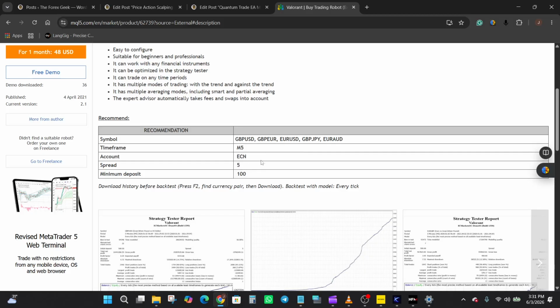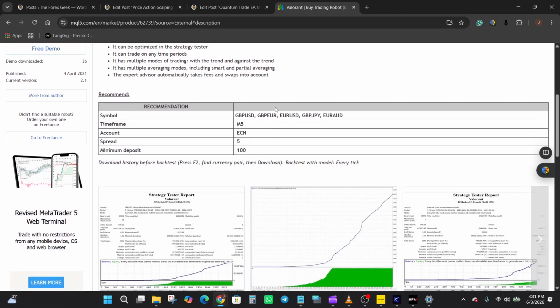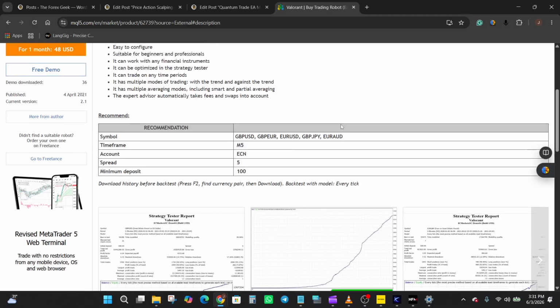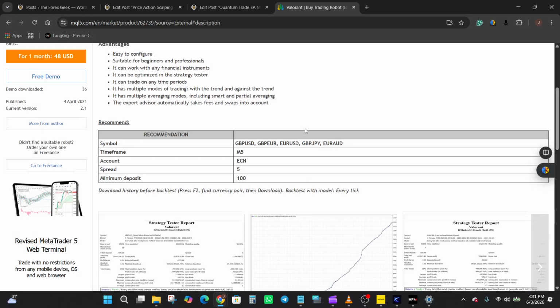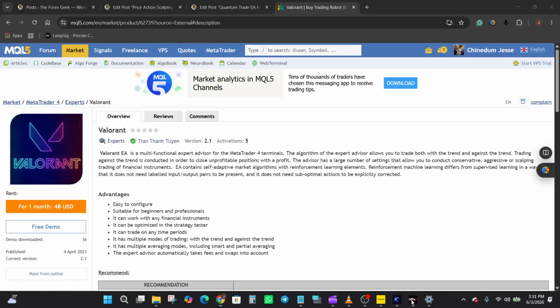Okay, minimum deposit recommendation is $100, and the backtest setup specifically mentions using every tick modeling after downloading full historical data. Now, moving into the strategy tester, I'm going to be running this on the recommended structure, so the evaluation is aligned with how the EA is intended to operate.